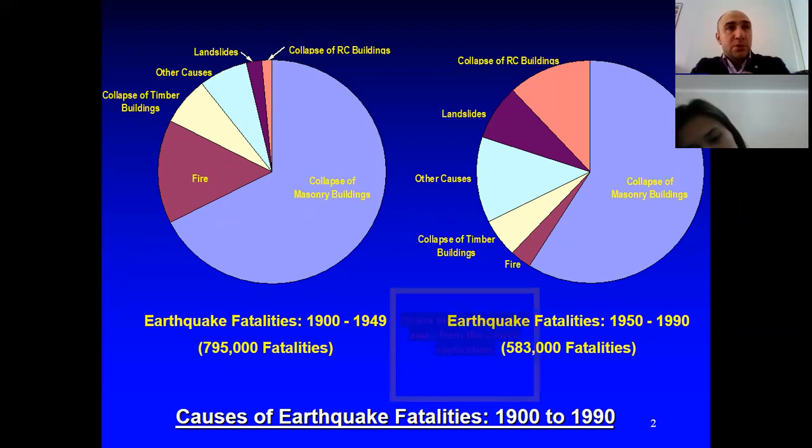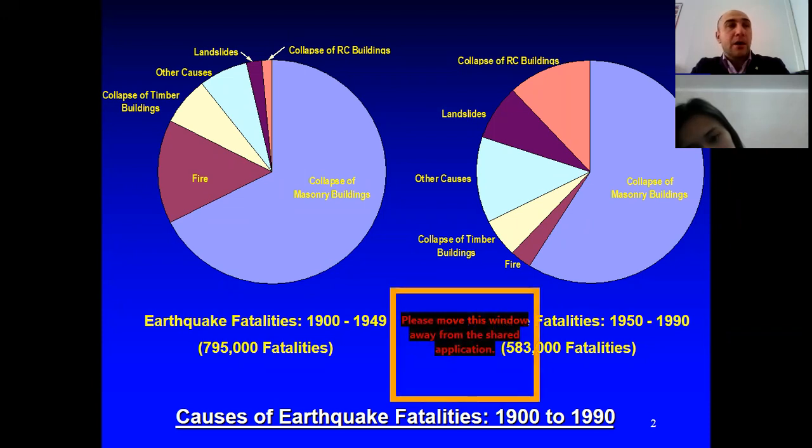Secondly, steel structures typically show good ductility, even when they are not specifically designed or detailed for the seismic resistance.